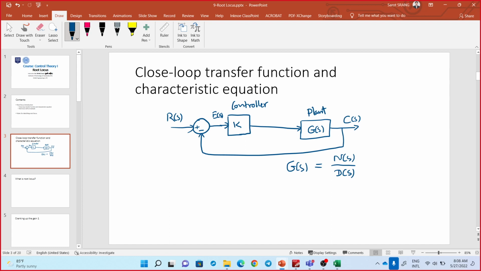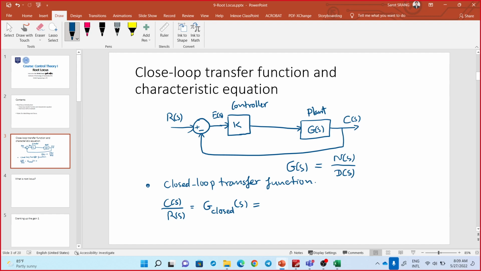The closed loop transfer function is actually the ratio between the output and the reference, which means C of s over R of s, and it is denoted by G closed, meaning closed loop.